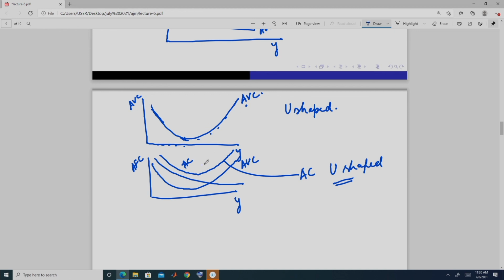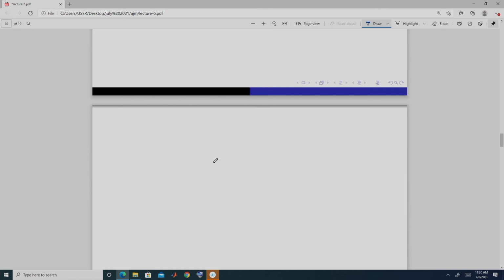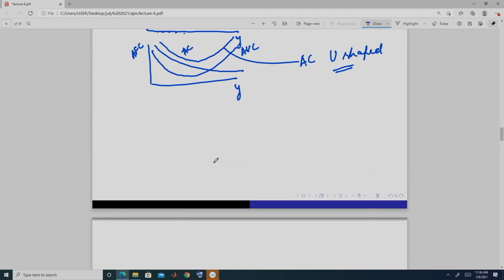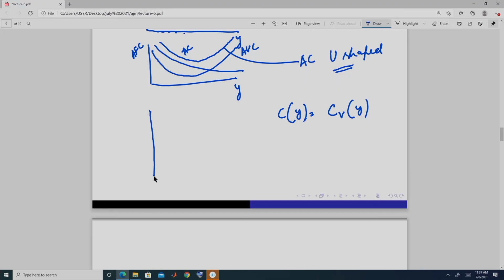So, we get this. Now, suppose we can have another thing, like suppose our cost function is simply this, we do not have any fixed component, that means none of the factors are fixed, you can vary all of them. Then we may have a situation like this.